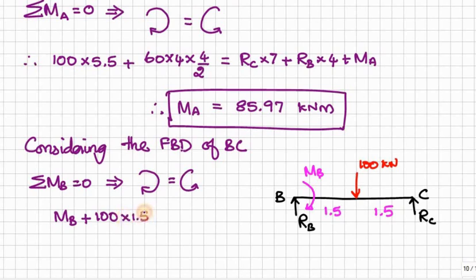Then the 100 kilonewton also develops a clockwise moment about B. So 100 into 1.5 is equal to RC, the anti-clockwise moment, RC into 3. Therefore, MB is equal to minus 68.13 kilonewton meter.